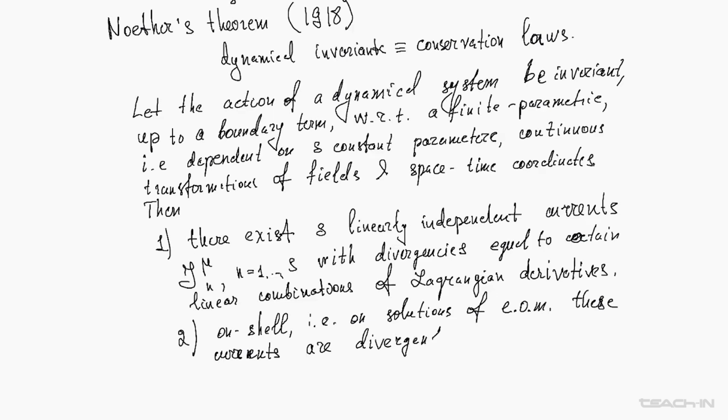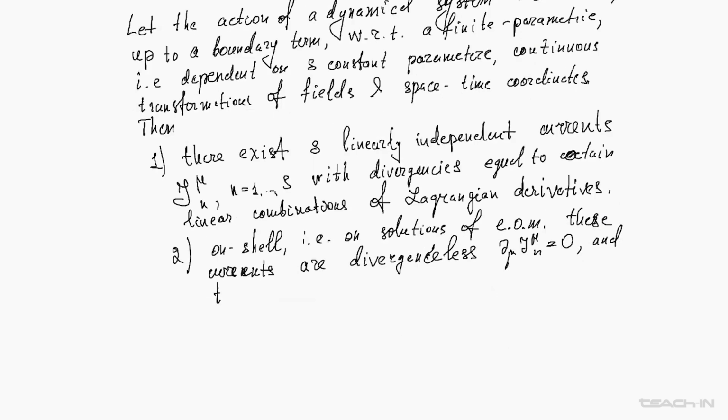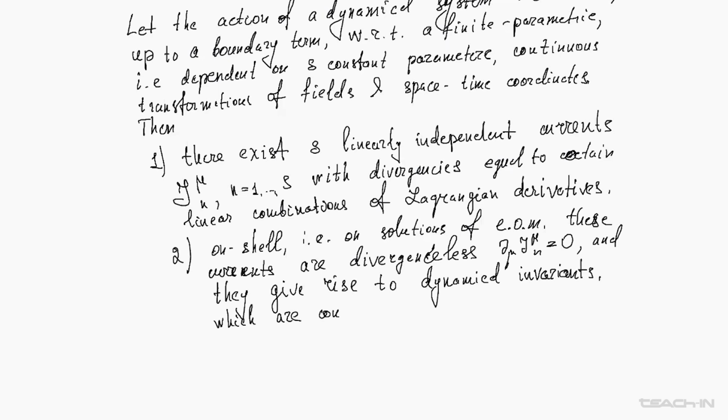This means ∂_μ J^μ_n is equal to 0, and they give rise to dynamical invariants or conservation laws, which are conserved functionals of fields and their derivatives.